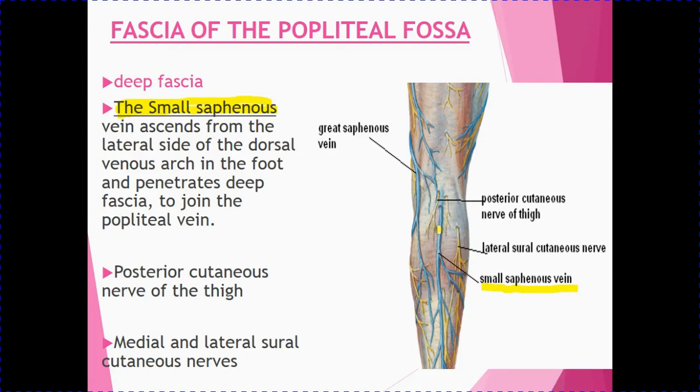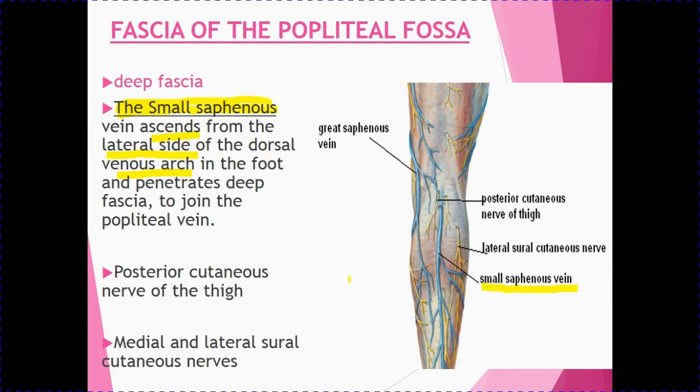This is the small saphenous vein, and you can see that it is piercing the deep fascia and entering into the popliteal fossa. The small saphenous vein ascends from the lateral side of the dorsal venous arch in the foot. It penetrates the deep fascia to join or to open into the popliteal vein.